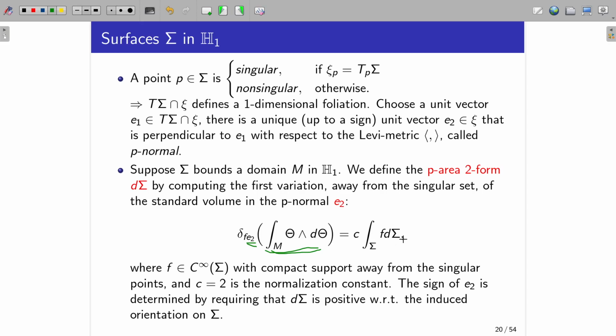Then we obtain the surface two-form, where f is a smooth function on the surface with compact support away from the singular points. C2 is the normalization constant. The sign of E2 is determined by requiring that the p-area form is positive with respect to the induced orientation on the surface from the Heisenberg group.